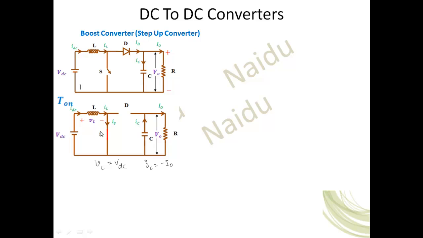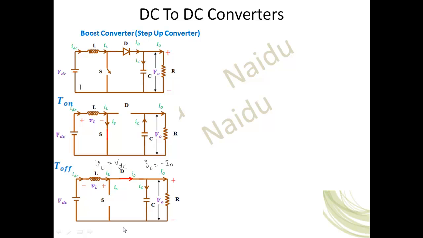Next, after energy is transferred to the inductor, we will turn off the switch. Then the source and the inductor both act as a source and supply the energy to the load. That is the T off duration of the switch. In that case the equivalent circuit will be like this. The switch is turned off, so it acts as an open circuit.